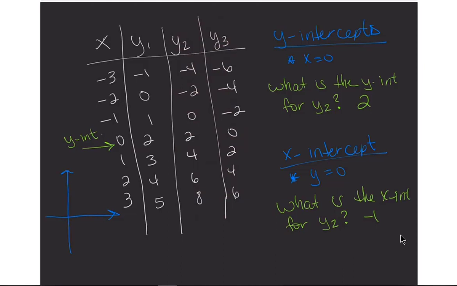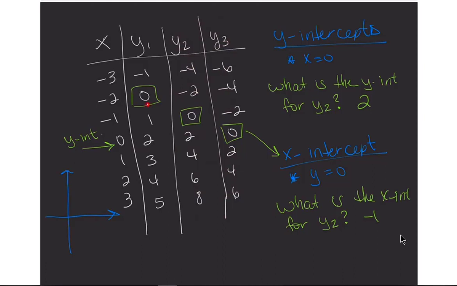So then x-intercepts are where we cross the x-axis. And when we're crossing the x-axis, we know that our y value is going to be 0. So if I go through my little table and look for where y equals 0, that's going to tell me where my x-intercepts are.